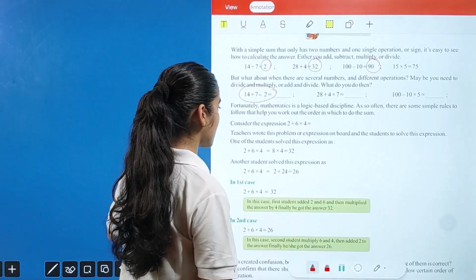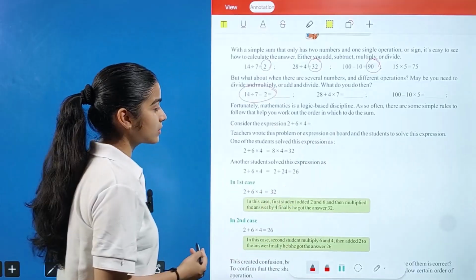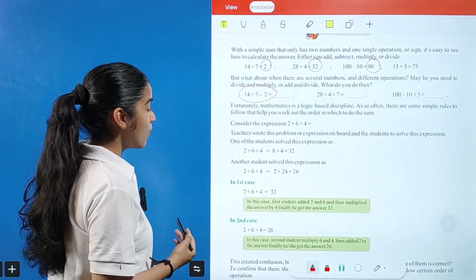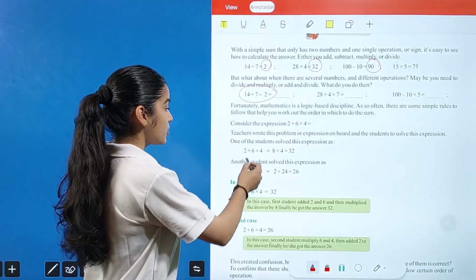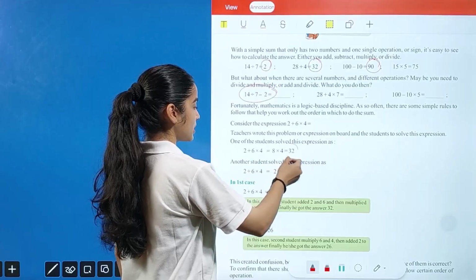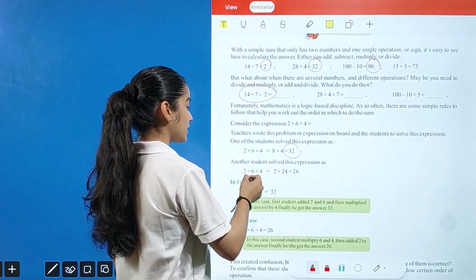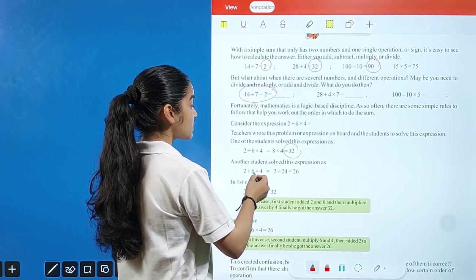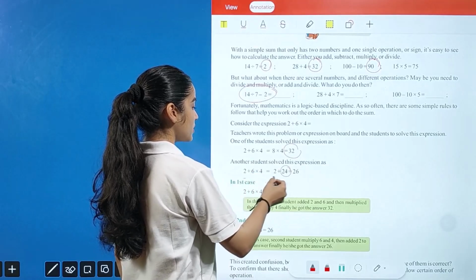The teacher shows this expression on the board and the students solve it. One student solves the expression 2 plus 6 multiplied by 4 as follows: 2 plus 6 is 8, and then multiplied by 4 is 32. Another student solves it like this: 6 multiplied by 4 is 24, plus 2 is 26.